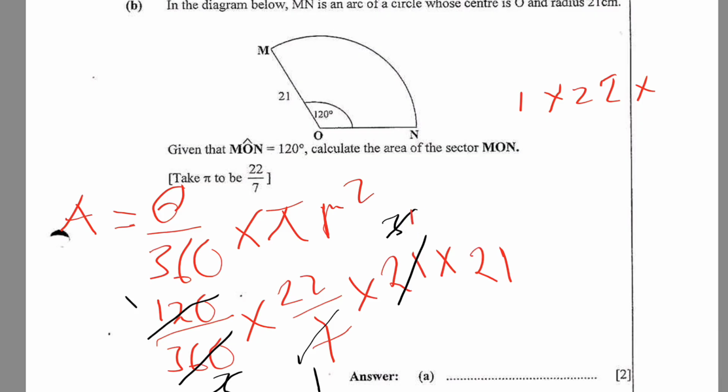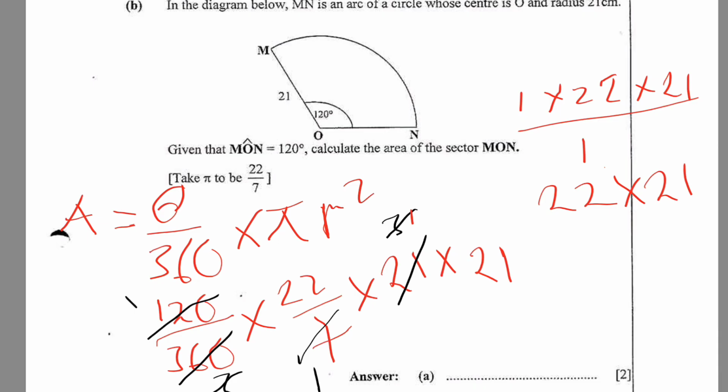This is just 1 here, but just write 21 so that you don't get confused. On the denominator we are remaining with nothing, just 1. So in other words, we just have 22 times 21.